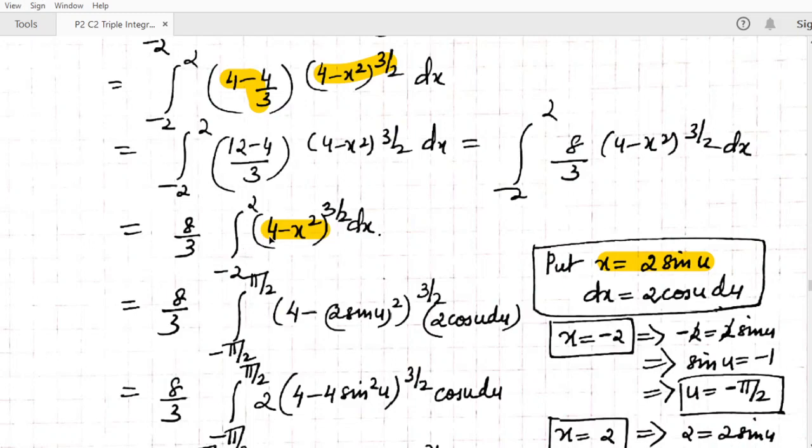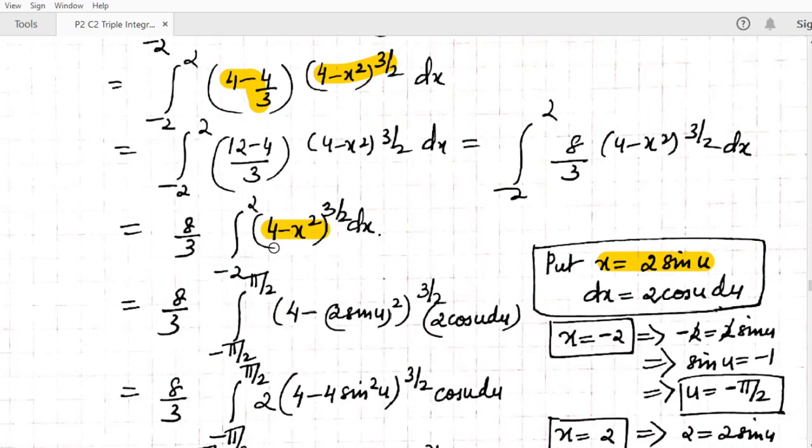Suppose we give x equal to sine u, then here it will be 4 minus sine square u, but still we cannot simplify it, right? Because we are getting a 4 here, 4 minus sine square u won't be a simplified form.